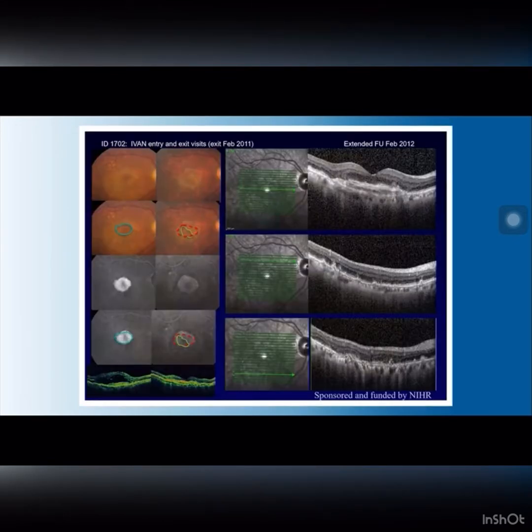As time went by, we had fluorescein angiography, which is on the left-hand corner, and then OCT, optical coherence tomography images to monitor these patients. And these were easier and quicker, but sometimes did not help us as much as we would have liked, and the patients still needed to attend our clinics.